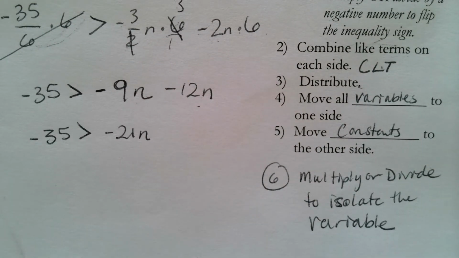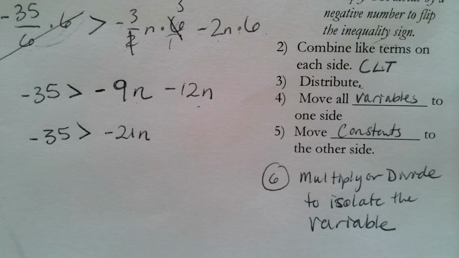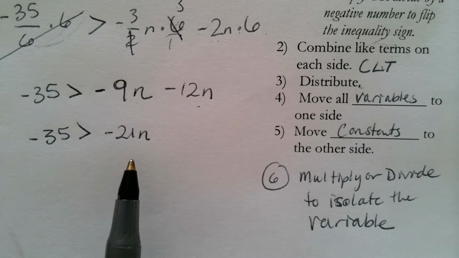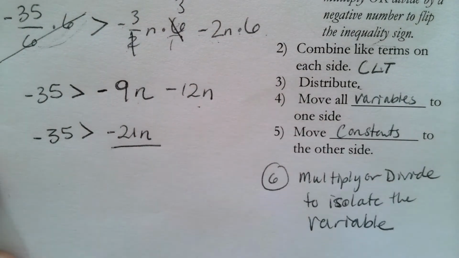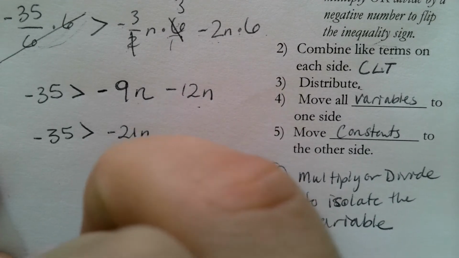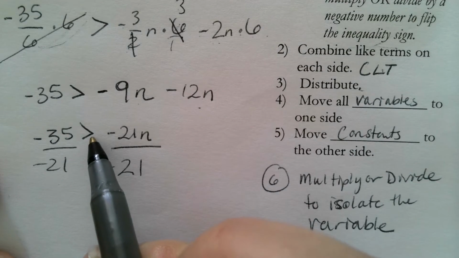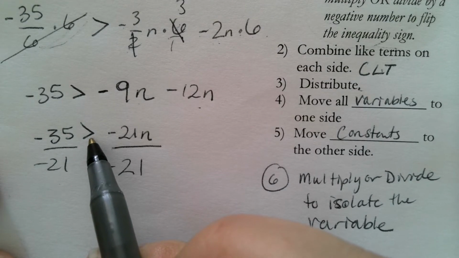My handwriting is trash, but I think you know what I'm doing. How do I get the n by itself? Divide by what? Negative 21. If I multiply or divide by a negative, this inequality flips directions.